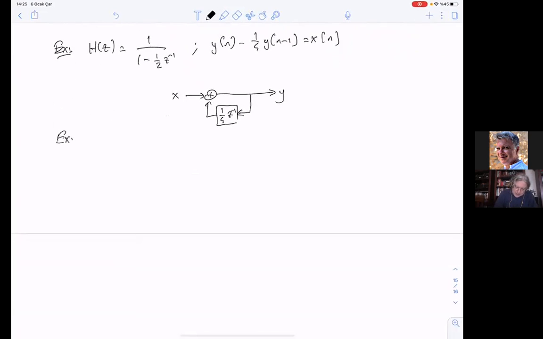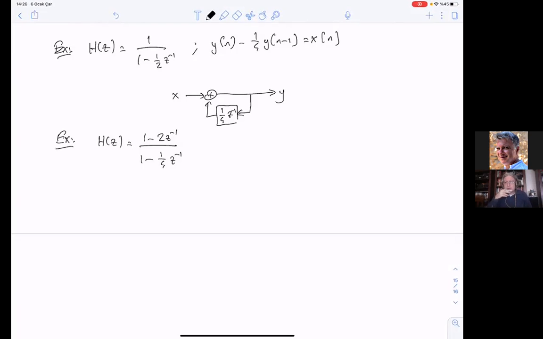Now let's extend from this example: H(z) = (1 minus 2 z inverse) over (1 minus 1 over 4 z inverse). Now this one is obviously a moving average, a numerator and a denominator. And whenever we do have these kinds of numerator and denominator businesses, it's usually practical to make a delay element to be shared between the numerator part, that is 1 minus 2 z to the minus 1.